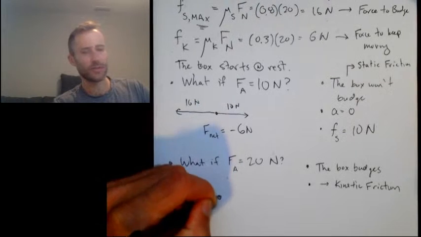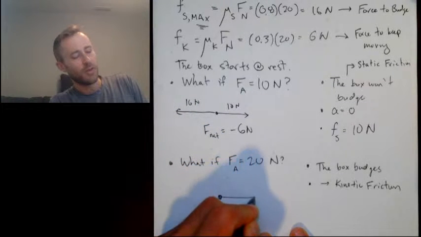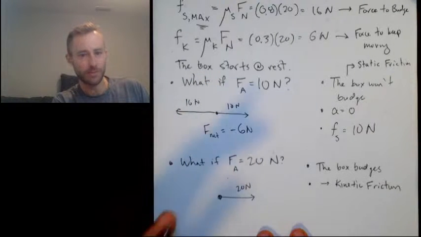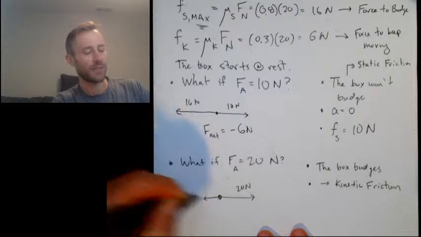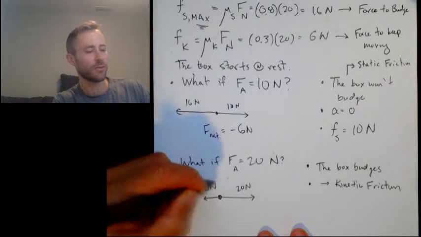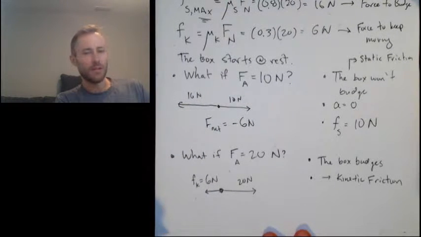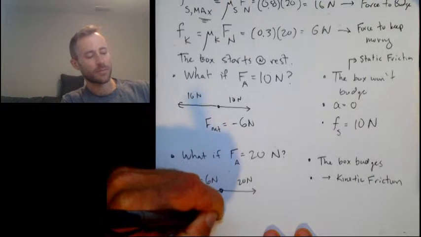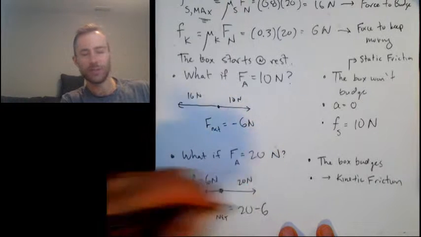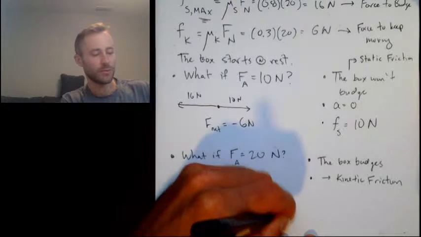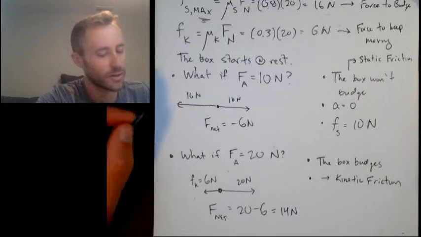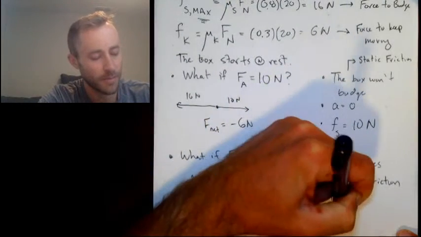So if we think about this, we have an applied force of 20 newtons, which was enough to make it move. So now it's moving, and we get kinetic friction fighting back with 6 newtons of force. So what that means is that our net force is 20 to the right minus 6 to the left is 14 newtons. So we can get the net force, and we can actually calculate the acceleration using Newton's second law.